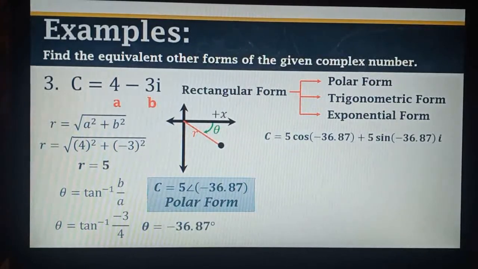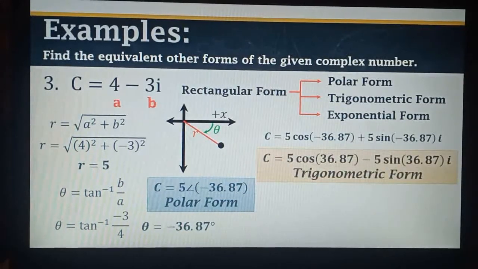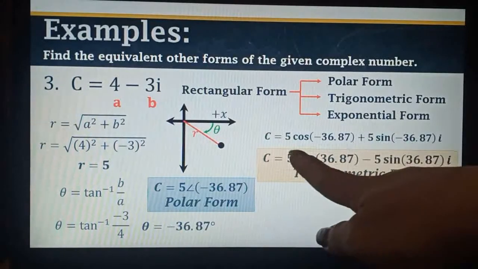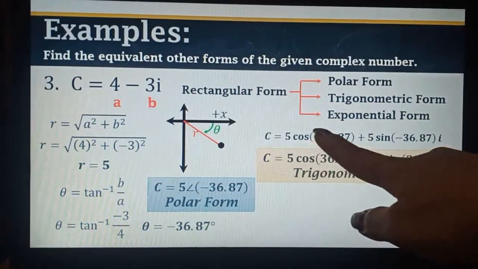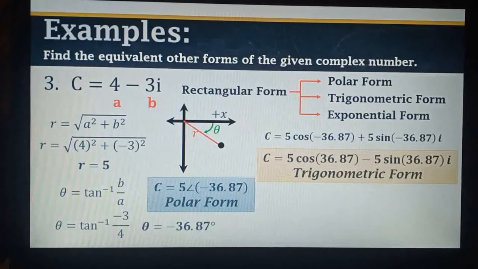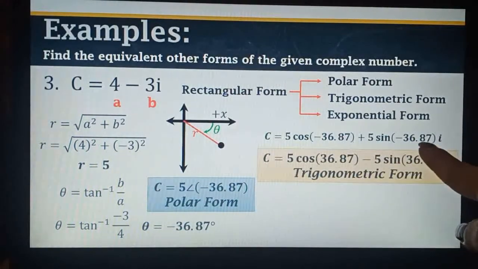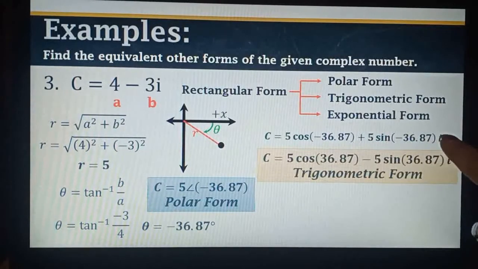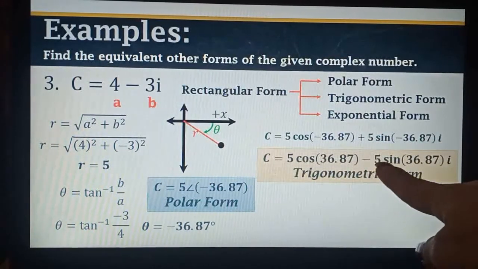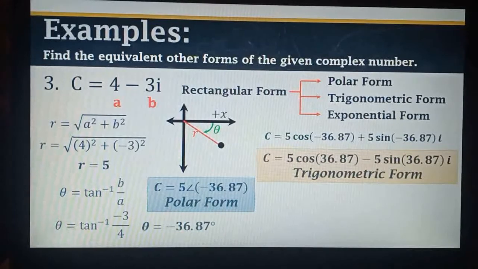To simplify the equation, cosine of negative is also cosine of the positive angle. So you can have your 5 cosine of the positive 36.87, that is the same value with 5 cosine of negative 36.87, while the 5 sine of negative 36.87 can be represented as negative 5 sine of 36.87i.